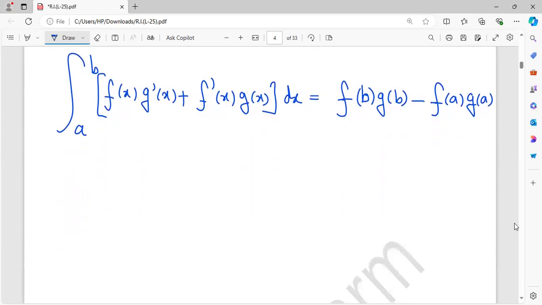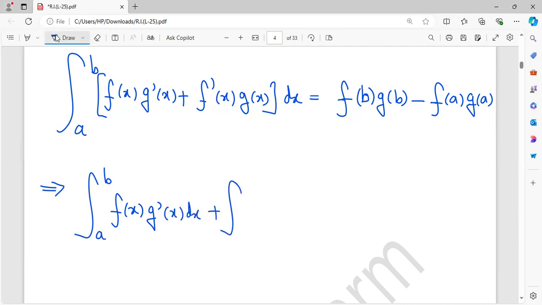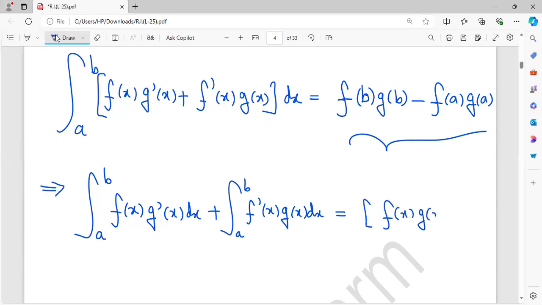So now open this: the integral from a to b of f(x) g dash(x) dx plus the integral from a to b of f dash(x) g(x) dx, and this we can write as f(x) g(x) with limits a to b.